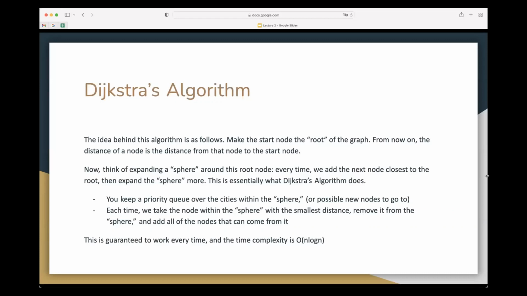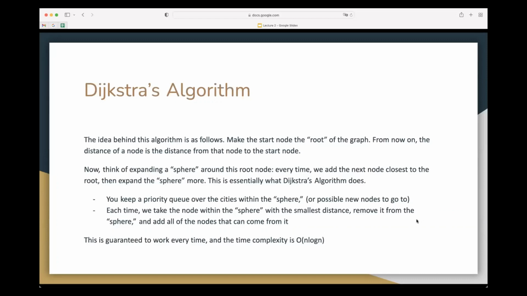So this is essentially similar to the BFS algorithm, except this time we're keeping a to-do list that's more sophisticated in terms of the fact that we have priorities. We want to keep track of which one we want to process first, and after we process it, we have weights assigned to each of the cities.